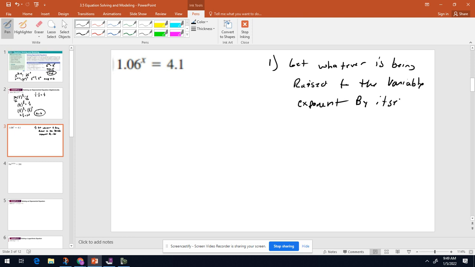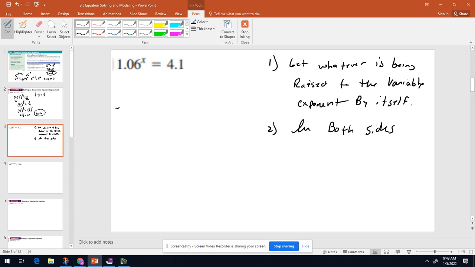In this case, it's really simple. The variable exponent is already by itself. This 1.06 is what's being raised to the variable exponent, so I don't need to worry about that. So the second step is we're going to ln both sides. We're going to take the natural log of both sides.